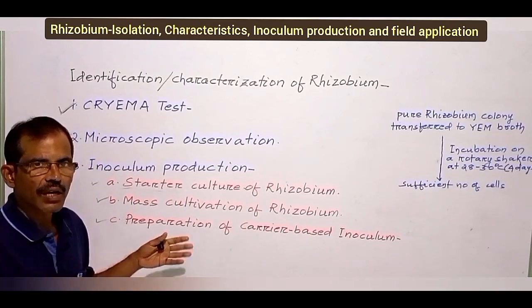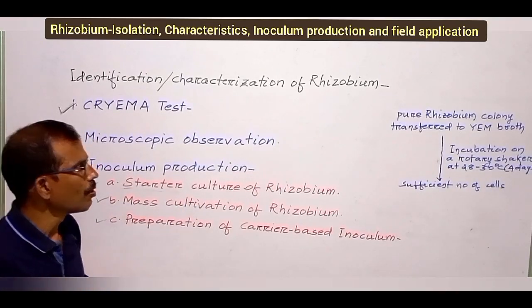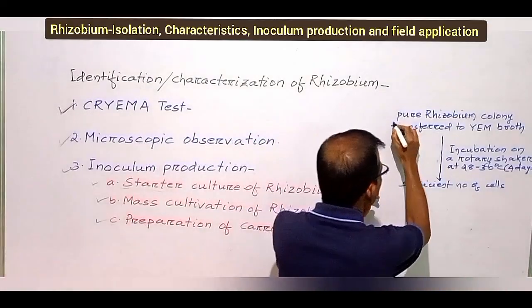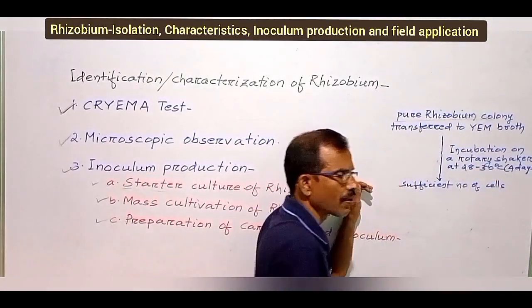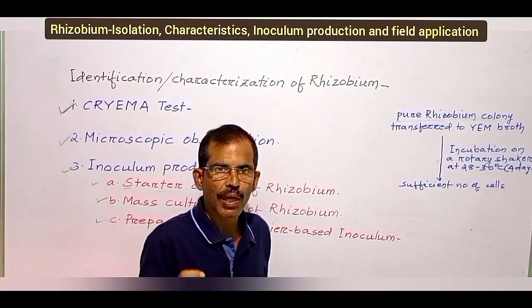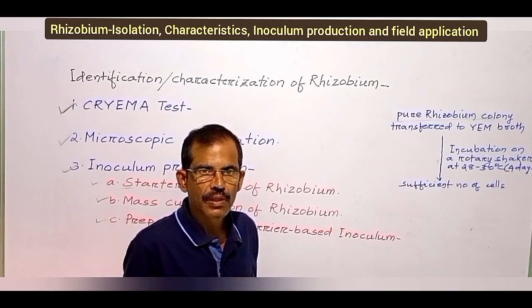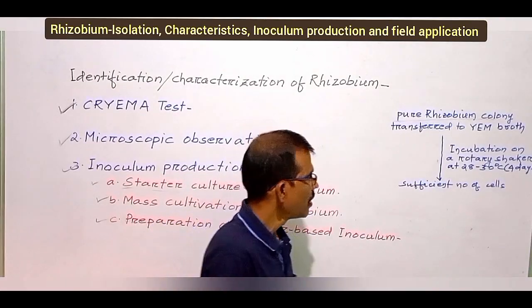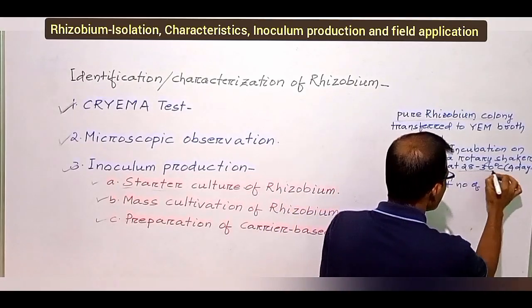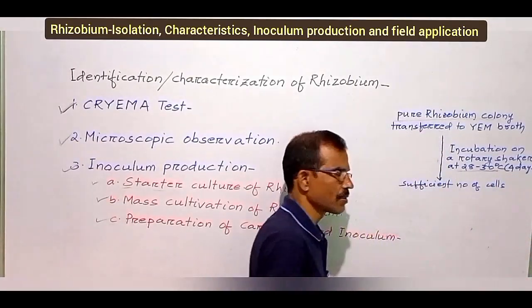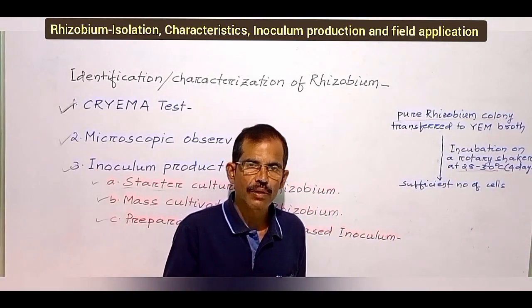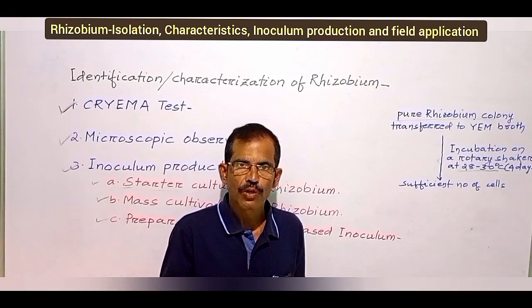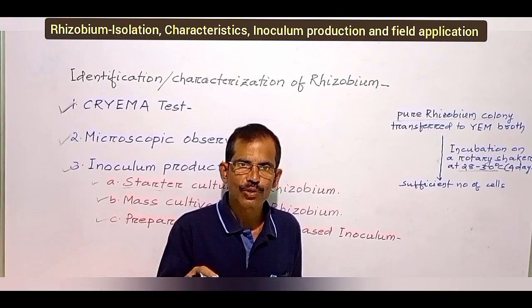To prepare starter culture of Rhizobium, pure rhizobial colonies are transferred to yeast extract mannitol broth. This is followed by incubation on a rotary shaker at 28 to 30 degrees centigrade for 4 days. As a result of this incubation, there will be sufficient number of rhizobial cells in the broth.